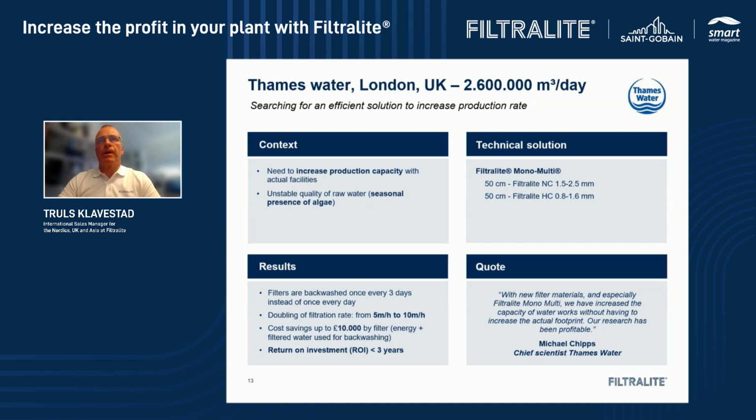I will not say a couple of years ago, but many years ago, it's now maybe at least 15 years ago, they started to get big problems in the production plant because of the algae. The algae in the raw water has increased dramatically, which means that the production capacity went down.